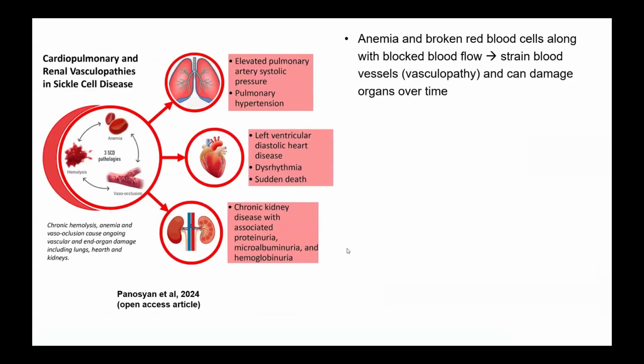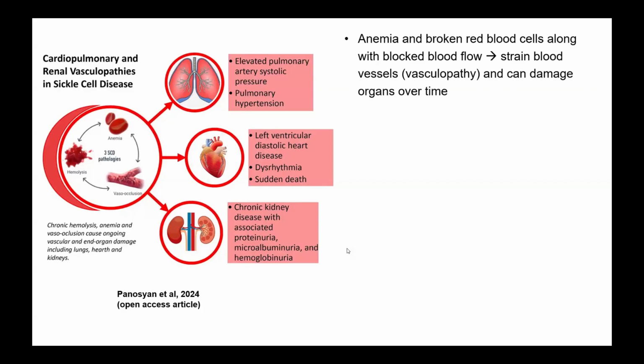Now, before I spoke about the blood vessels and how sickle cell disease can not only cause low blood count, but it can actually damage the blood vessels over time. And another thing that's associated with this is that it can affect your organs in a very unique way.